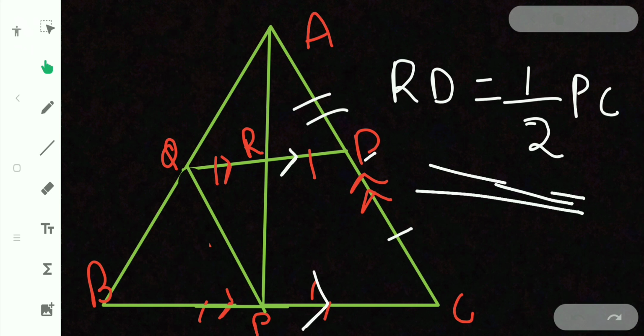Now we can get that QD is equal to half of BC, and QR is also equal to half of BP, by the midpoint theorem.